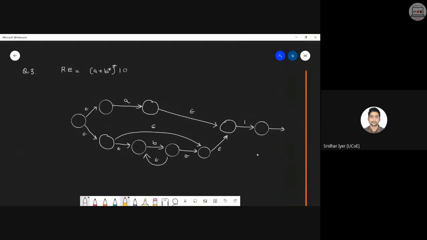Okay, sorry, there's one more closure. This is A plus B closure. Now it's the whole closure that we need too, right? Sometimes the questions may get trickier.